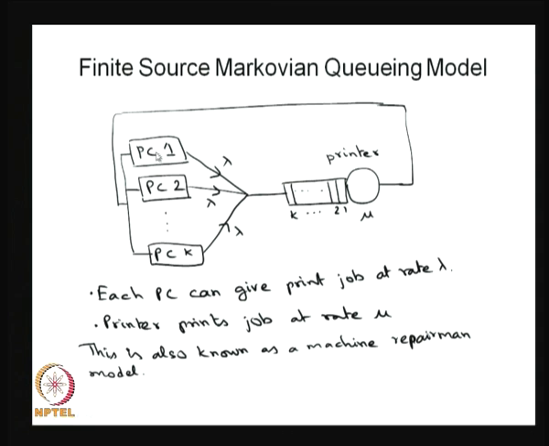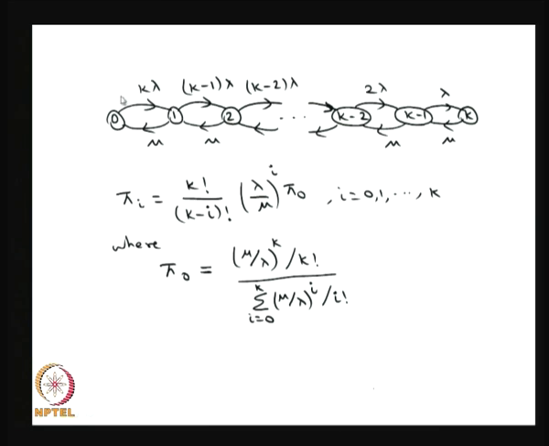With the assumption of exponential inter-arrival of print jobs and exponentially distributed printing times, this is going to be a birth-death process with birth rates k times lambda, k minus 1 times lambda and so on, whereas the death rate is mu, because we have only one repairman. The system size, the number of jobs in the printer, varies from 0 to capital K, because we assume more than one print job cannot be given by the same PC before the print is over.